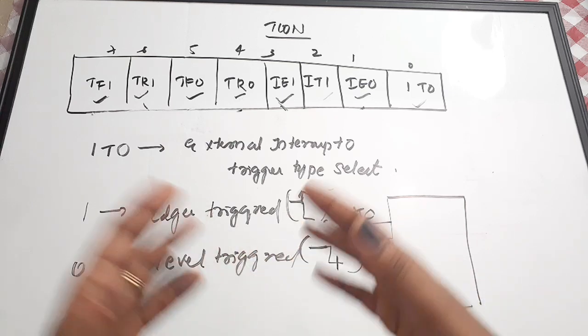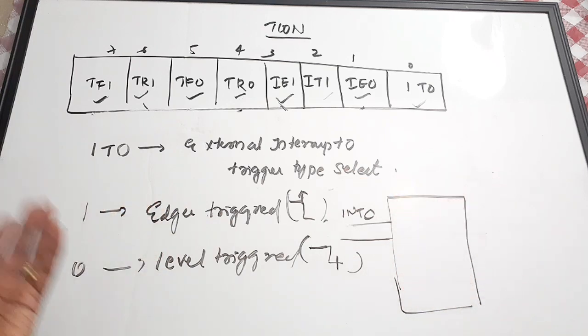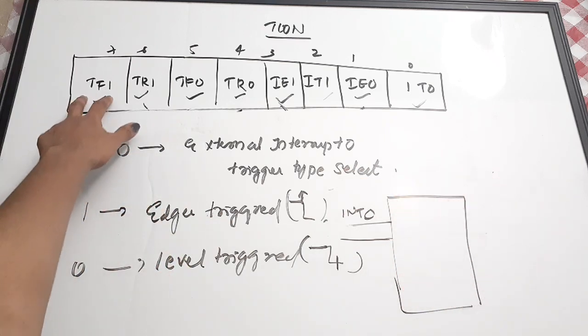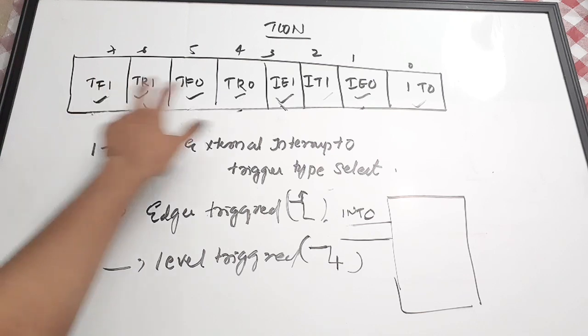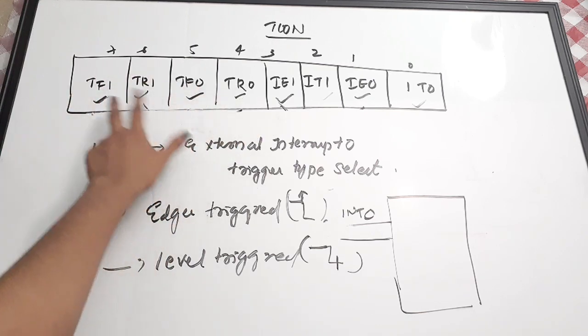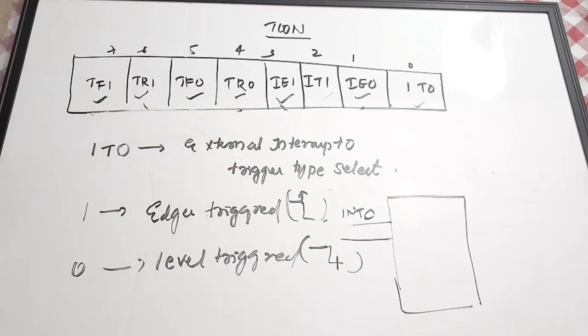While studying, just connect these bits. For example, if it is TF1, study TF0, because the functionality is the same for the two timers, only the name is different. So those are the various fields of the TCON register. That is all about the timers of 8051. I really hope you understood the concepts.